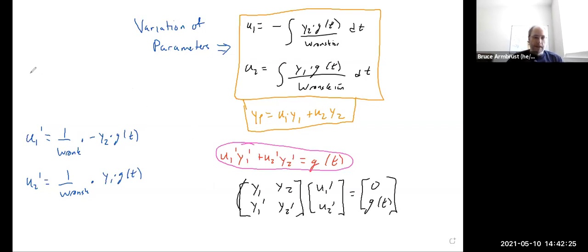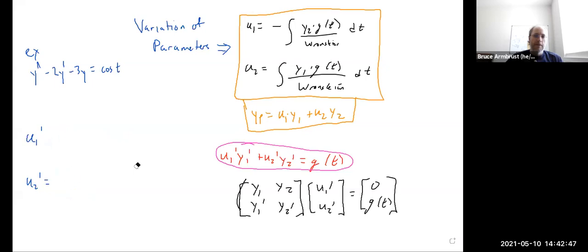For example, let's say we had y double prime minus 2y prime minus 3y equals cosine of t. So we did that one with undetermined coefficients. But let me show you how we could use variation of parameters to get it. And this might actually be faster. We'll see.